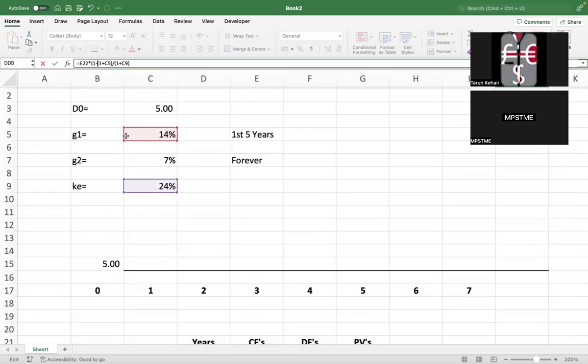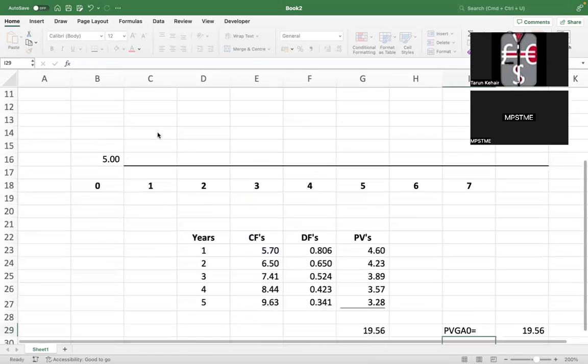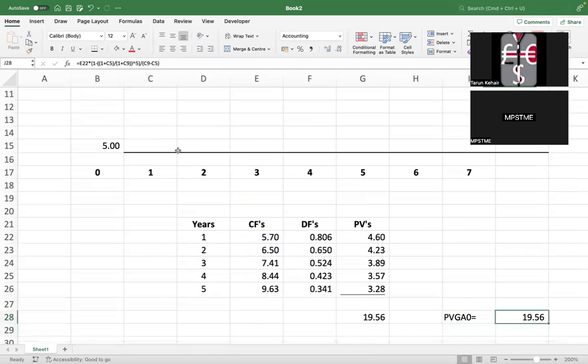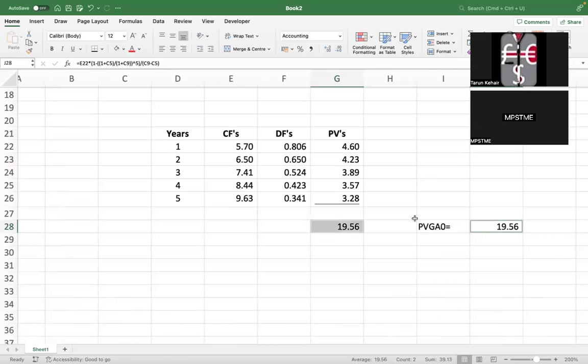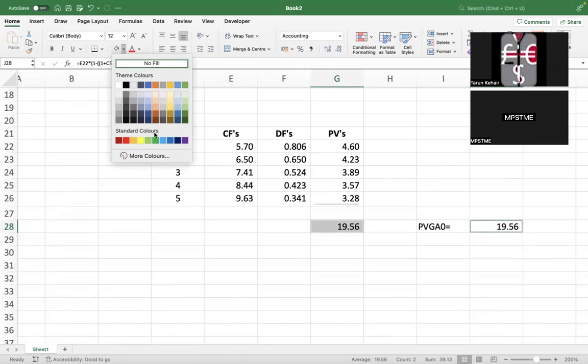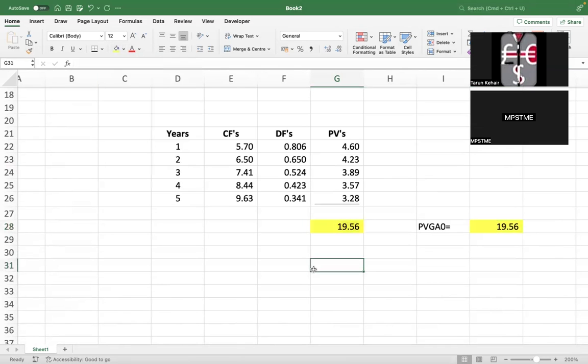This growth lasts for how many years? 5 years, divided by R minus G. So that, now see, same answer. Can you see? I have gotten the same answer. The answer which I got by the formula and the answer which I got by the tabular approach, both are same. Am I clear?